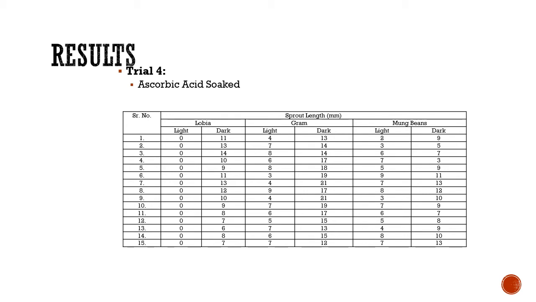So, from both these results, it is clear that dark conditions are much better for sprouting of the seeds, as well as the ascorbic acid soaked seeds sprout much better and at a higher rate than those of the seeds which were soaked in the water only.